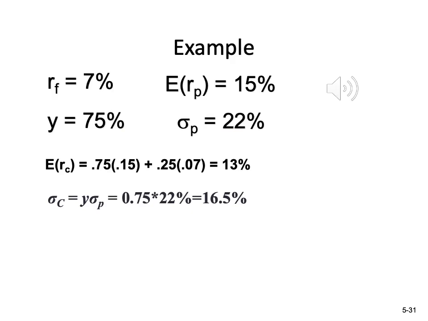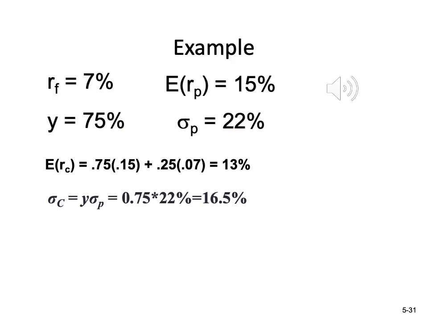To calculate the complete portfolio return, that will be 75% of the money you put in the risky portfolio times the risky portfolio return, 15%, plus 25% of the money you put in the risk-free asset times the 7% return from the risk-free asset.